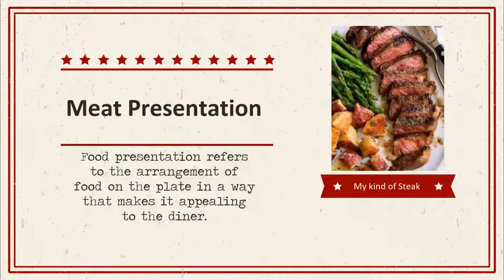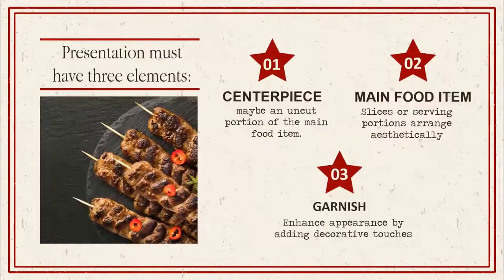Meat presentation or food presentation refers to the arrangement or preparation of food on the plate in a way that makes it appealing or attractive to the diner. Food presentation must have 3 elements to make them attractive. First is the centerpiece. It may be an uncut portion of the main food item.